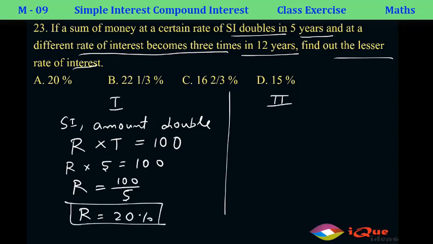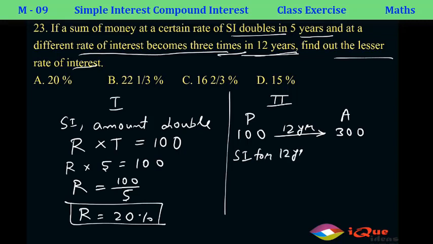We also know the general method. Let's apply the general method for the second situation, where the amount becomes 3 times in 12 years. So let's say P is equal to 100. So the final amount after 12 years must become 300. That means simple interest for 12 years should be equal to 300 minus 100, which is equal to 200.